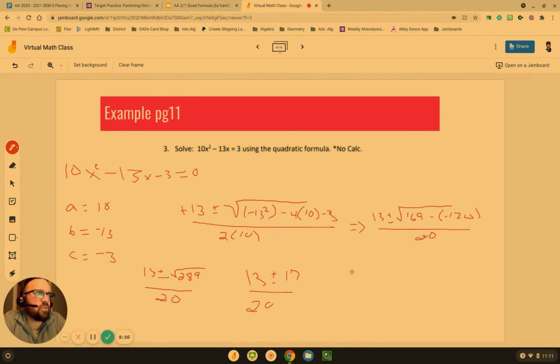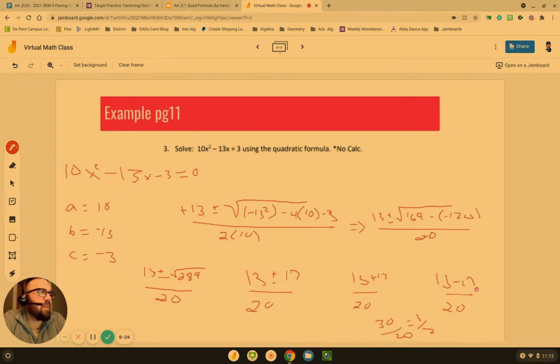Now we've got to solve it twice. 13 plus the 17 over 20, as well as 13 minus 17 over 20. 13 plus 17 is 30, so we get 30 over 20, which really simplifies into 3 halves, 3 over 2.